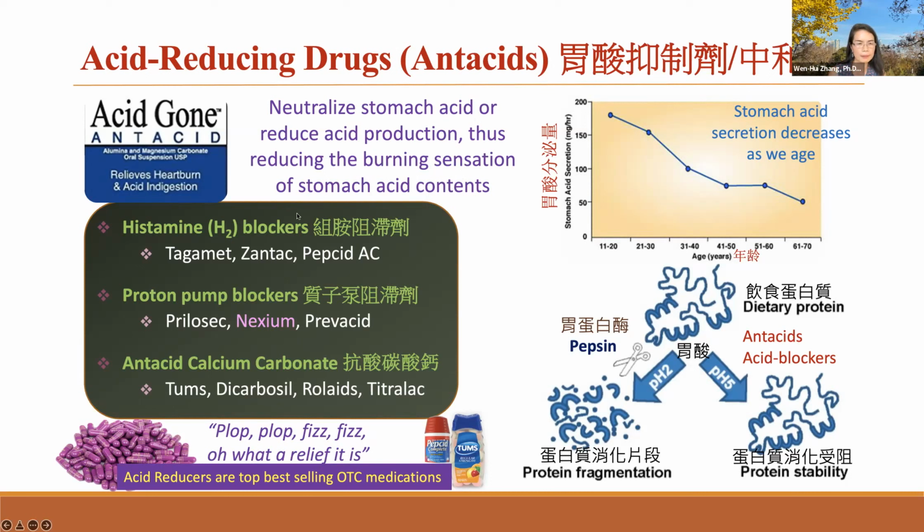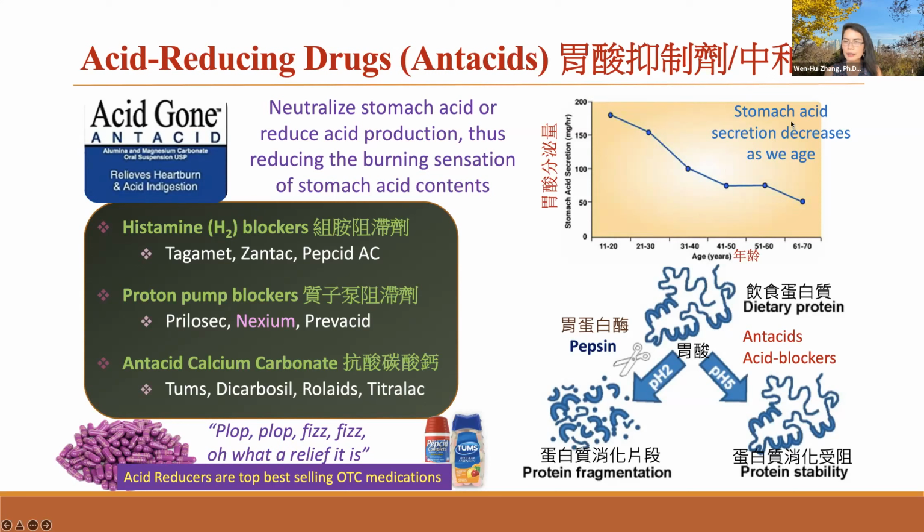And some of the prescribed antacids actually block the production of acid. I think I see this on TV a lot. It's the purple pill, Nexium. It reduces the production of hydrochloric acid.